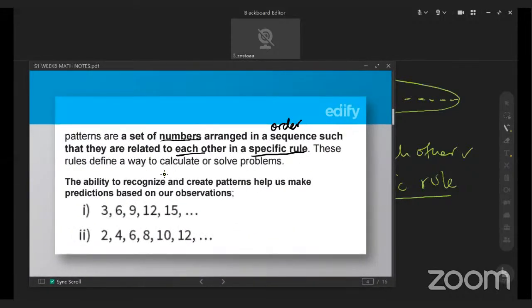This other part: these rules define a way to calculate and solve problems. Now, the ability to recognize and create patterns helps us to make predictions, okay? Based on what? On an observation.